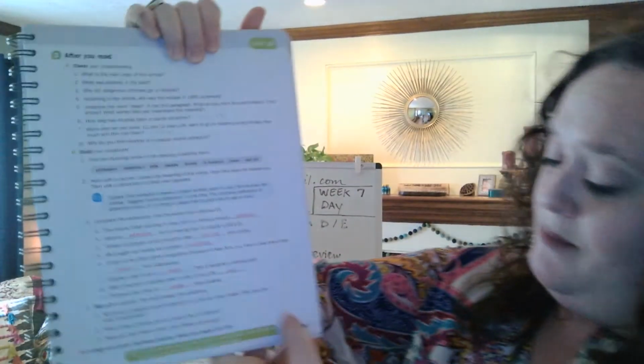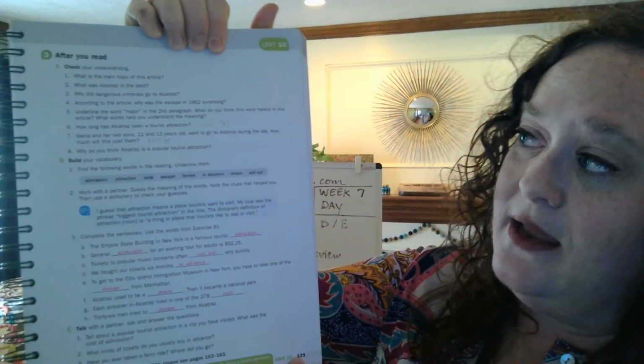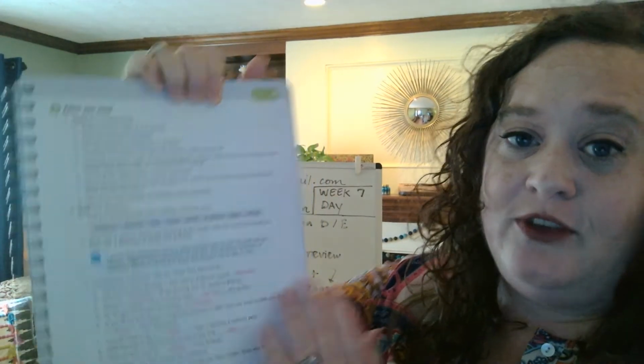So if you will, turn with me, page 129, and after you read section 3, and I believe that we finished through number 4. So let's start with number 5, and I hope that you had a chance to also finish these questions. So let's discuss a little bit more about Alcatraz and discuss these together.